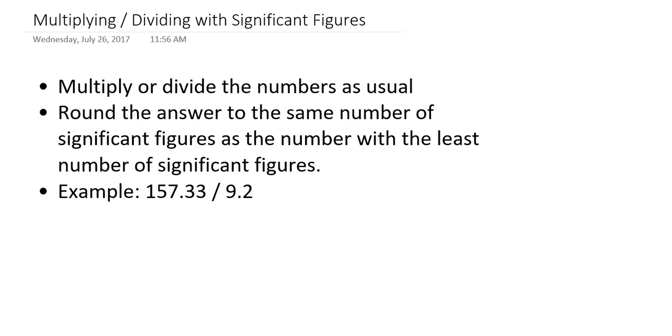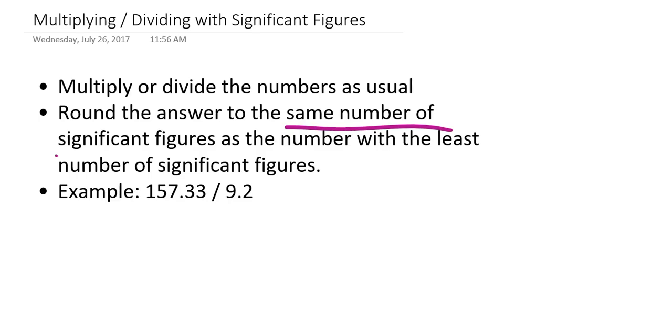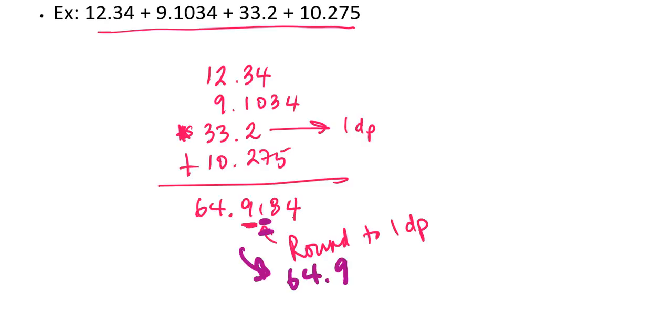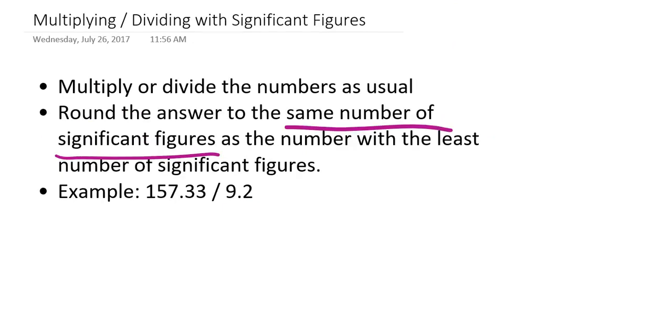What we're going to do is we're going to do the math as normal, okay, and then we're going to round the answer to the same number of significant figures. Okay, notice the difference. Whereas when we're adding and subtracting, we're tracking decimal places. When we're multiplying and dividing, we're actually tracking the number of significant figures.